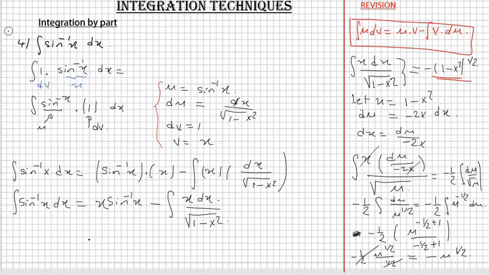I copy what I have there, so I have -(1 minus x squared) to the power of half, and if I simplify it a bit, I get plus there, and then (1 minus x squared) to the power of half.